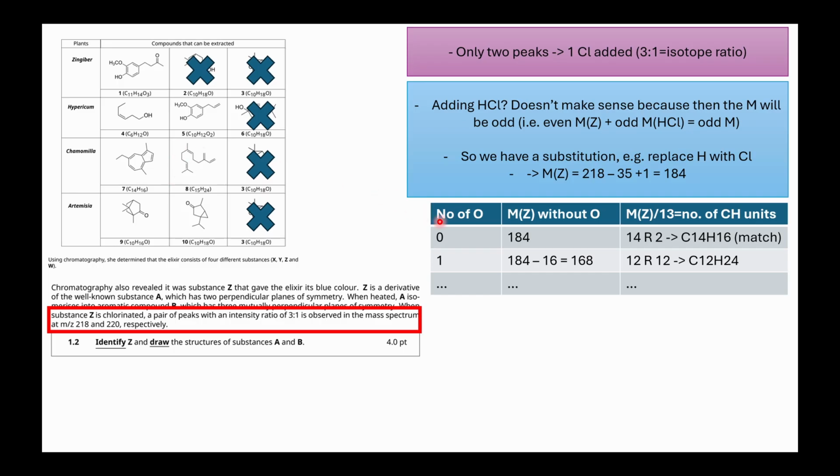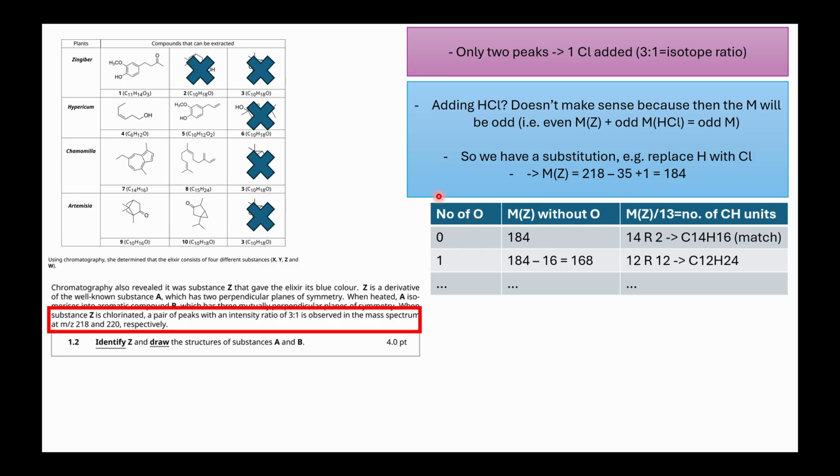But if there are too many, or if they're asking you to suggest a structure, then a good thing you can do is use something called the rule of 13. It works when you have a hydrocarbon, or a hydrocarbon with something common like oxygen, or basically anything else, as long as you are aware of the heteroatoms.